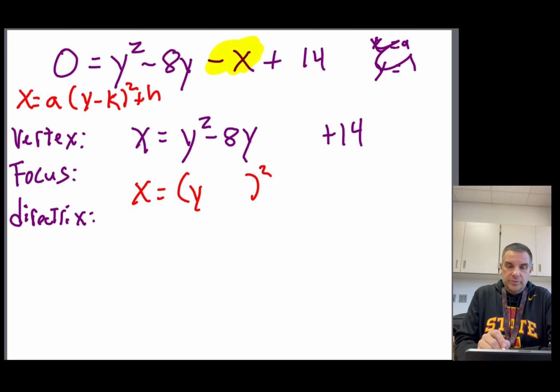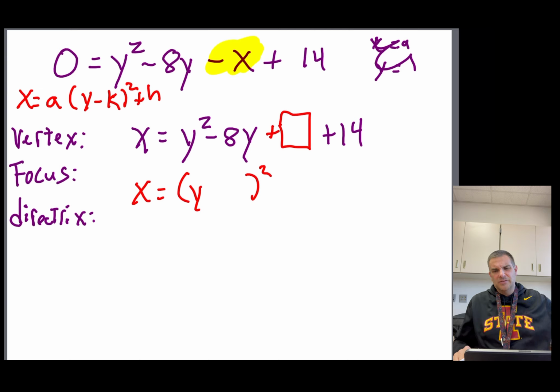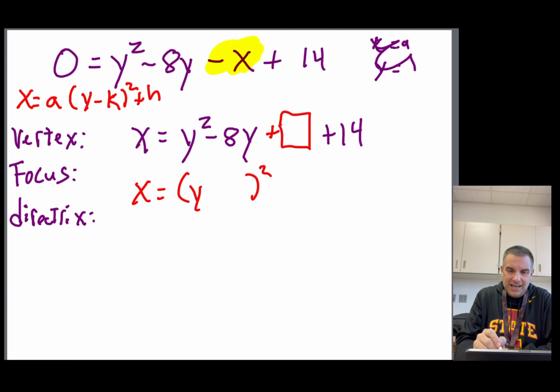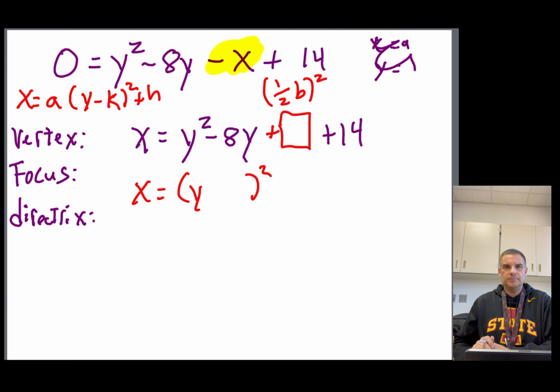So remember when we completed the square, we put this plus a box, and this is a little bit of review from a ways back, to help us complete that square. And the way we got that box, it was 1/2 of b squared. So half of b, b is 8, so half of b is 4. 4 squared is 16.